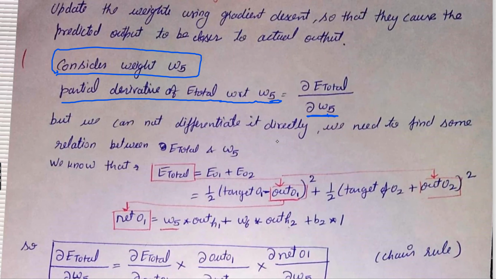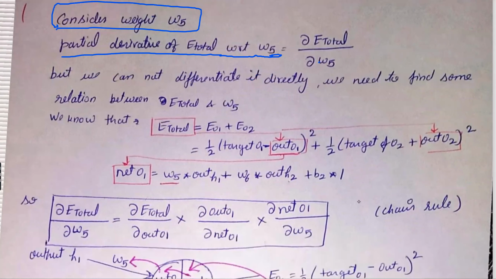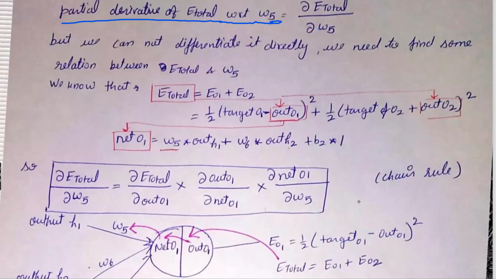We cannot differentiate it directly, so we need to find some relation between E total and W5.